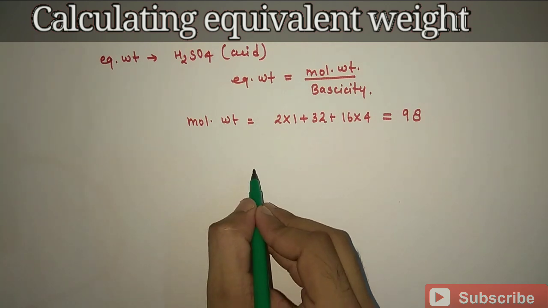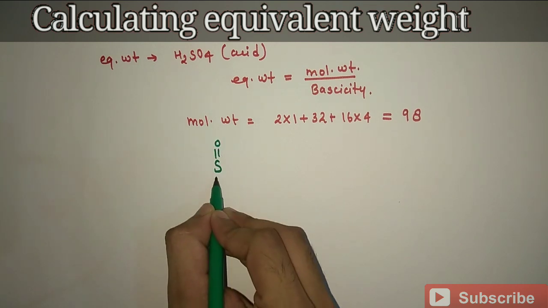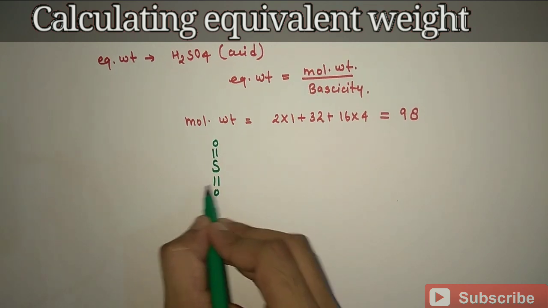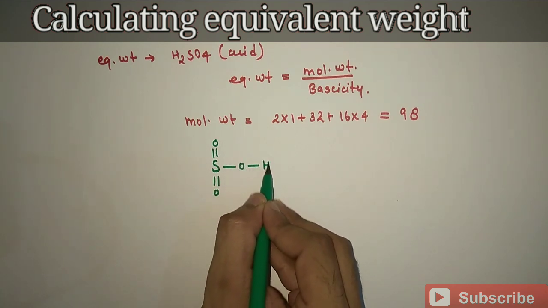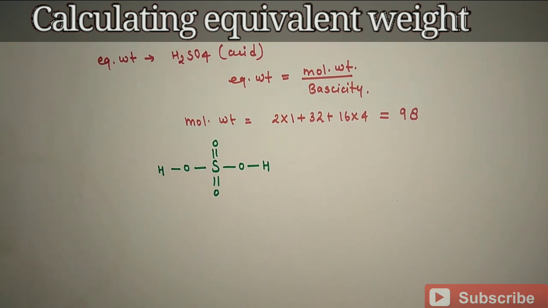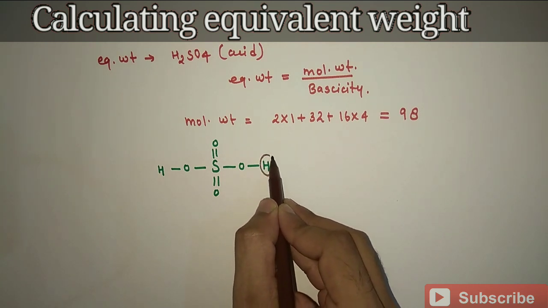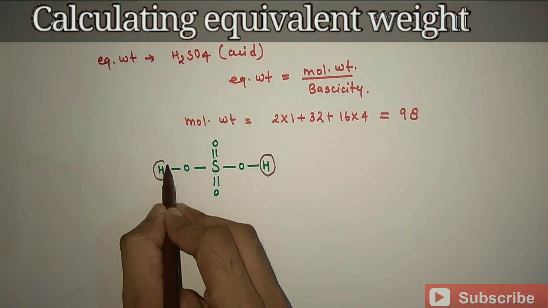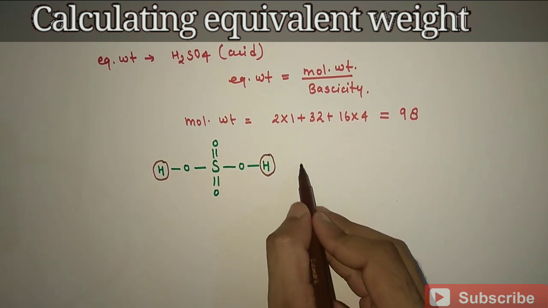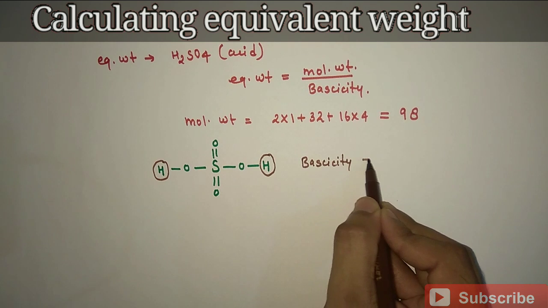Now, let's see the structure of H2SO4. From the structure, we can see that it has only two H plus ions which are replaceable. So its basicity will become 2.